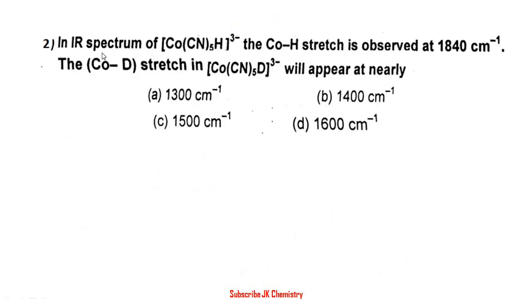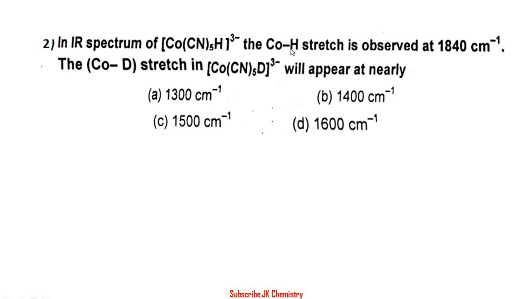Next problem. In the IR spectrum of CoCN-H3 minus, the Co-H stretch is observed at 1840 centimeter inverse. You may ask for the Co-D stretch in CoCN-D3 minus. That means you are given one complex, and hydrogen is replaced by deuterium.